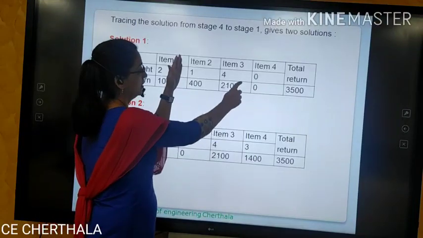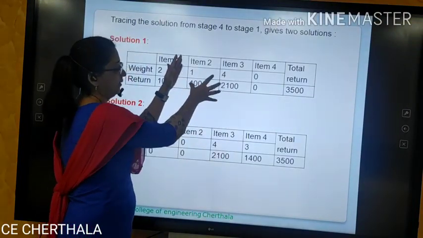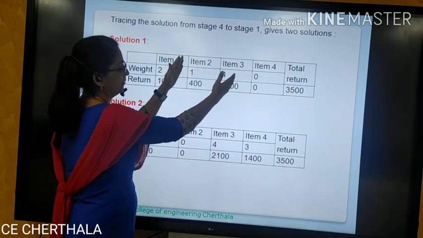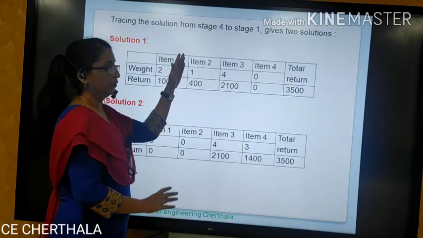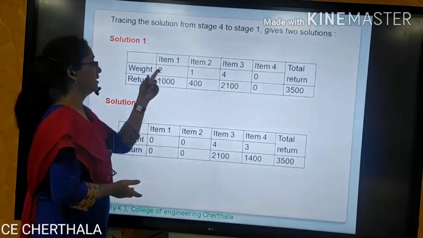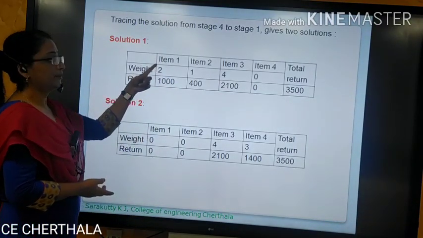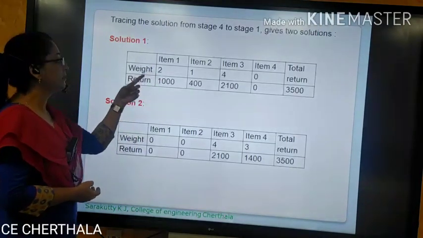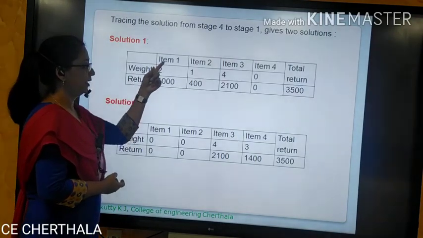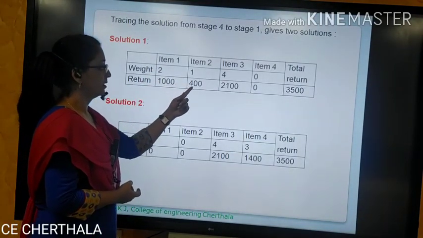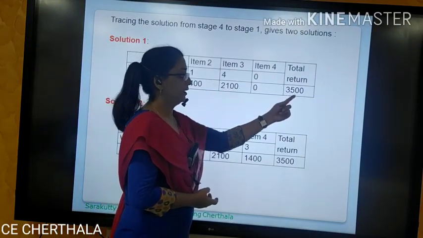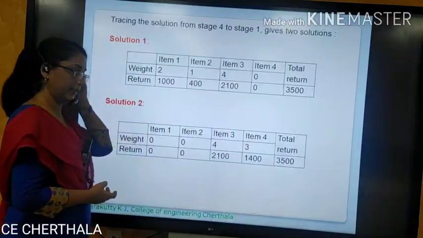So up to this we have 4 plus 1, 5 ton. Item number 3 plus item number 2 plus item number 4 is 5 ton. Now the total possible weight is 7 ton. So only 2 tons remaining. You take 2 ton of item number 1. And then write the corresponding return of each item. For item 1, 1000, item 2, 400, item 3, 2100. So total return is rupees 3500.